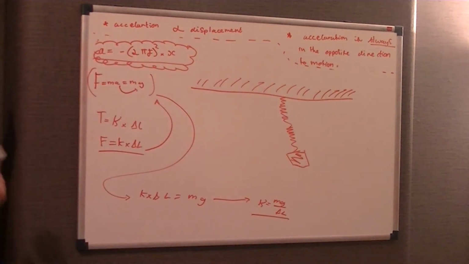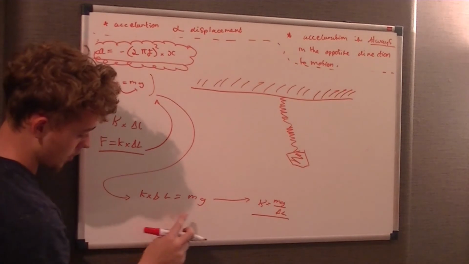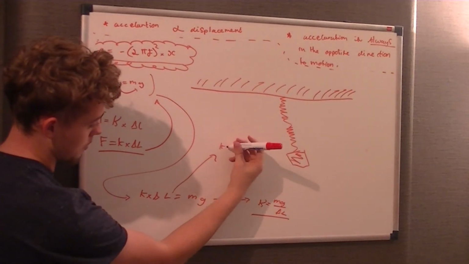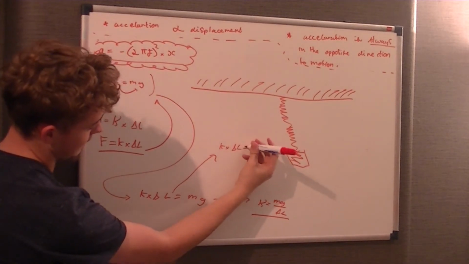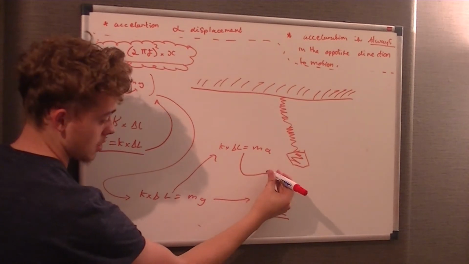Okay, so that's what that one would look like. If we wanted to input this A, we could change that to K times delta L equals ma. So rearrange to get A on its own.